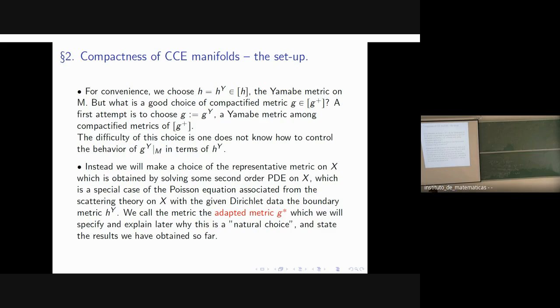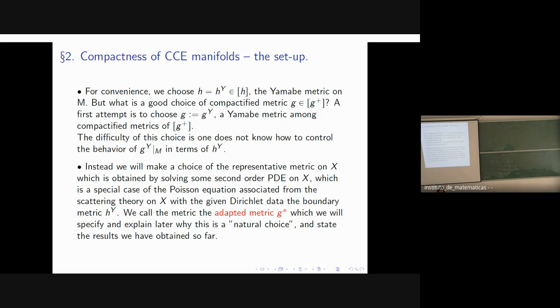But why can't we just choose it? The problem is that if we solve the Yamabe problem in the interior, we do not know the behavior of g_Y restricted to the boundary.